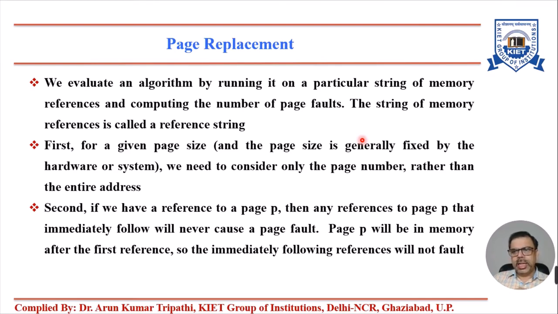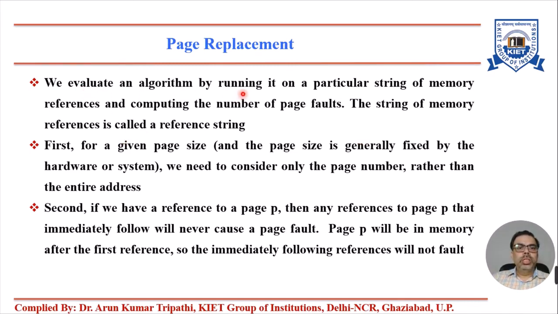If there is, then there is no problem. Otherwise, it has to swap out one of the pages and then bring the page from the secondary memory to the primary memory. So how will it take place?